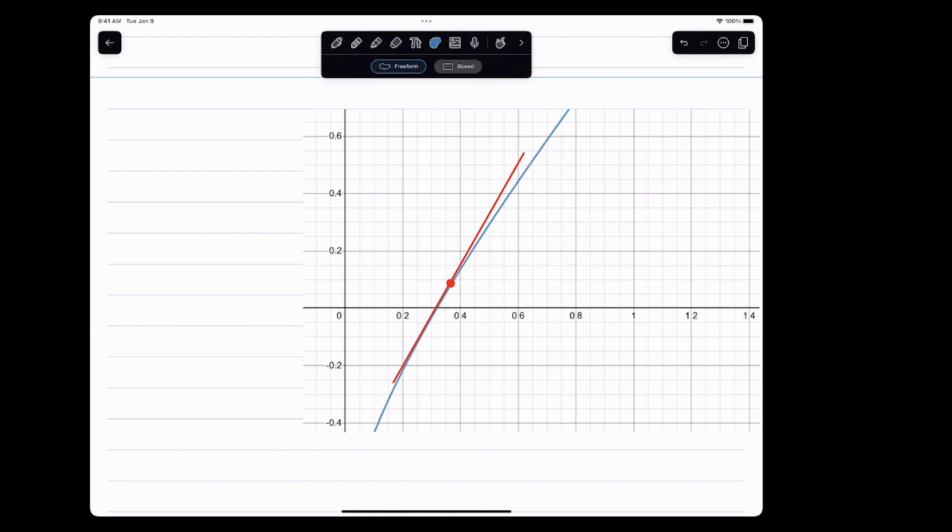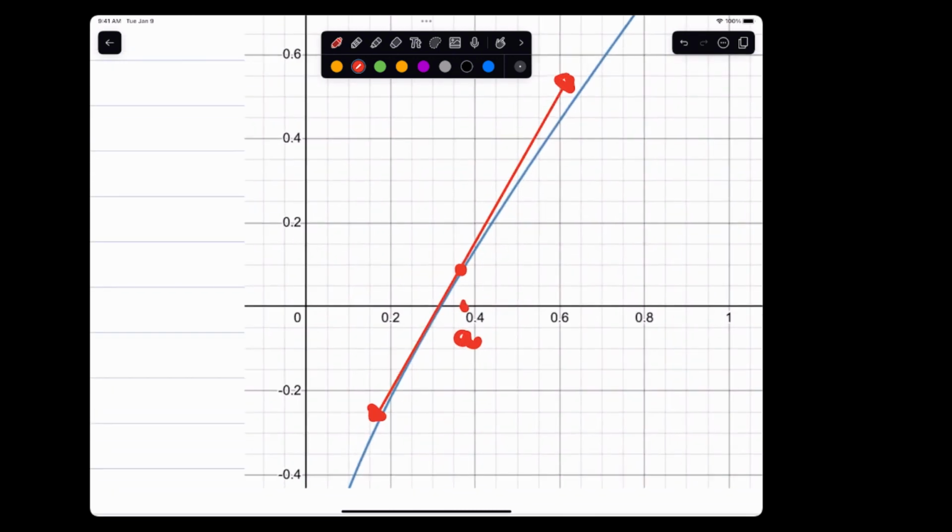There we go. Is that line kissing the curve? It is. Okay. Good job. So here is that value A, just in the picture we just drew.